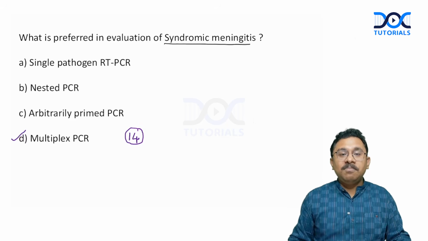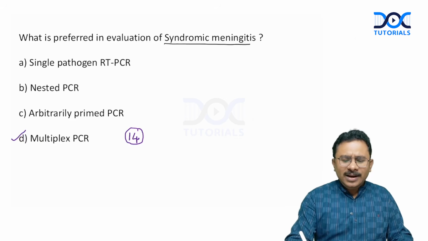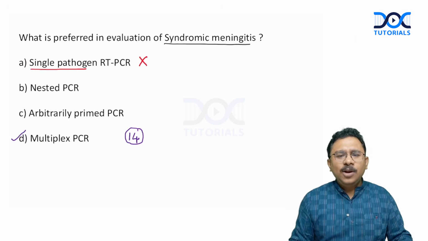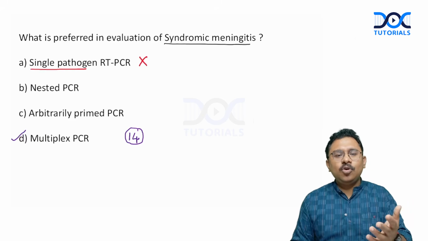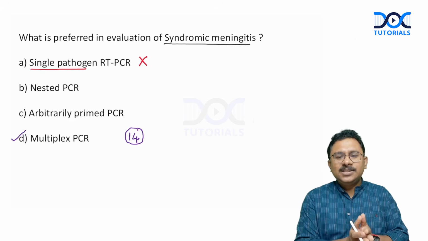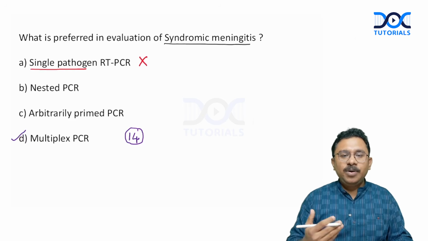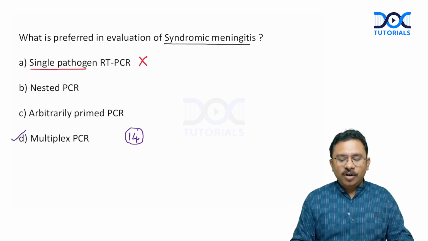So that is called multiplex PCR. Definitely you are not considering the other options. Look at the first option, single pathogen. Are you going to evaluate for a single pathogen in a syndromic meningitis? No. So the answer for this question is going to be multiplex PCR, that is preferred in the evaluation of syndromic meningitis. Okay, right.